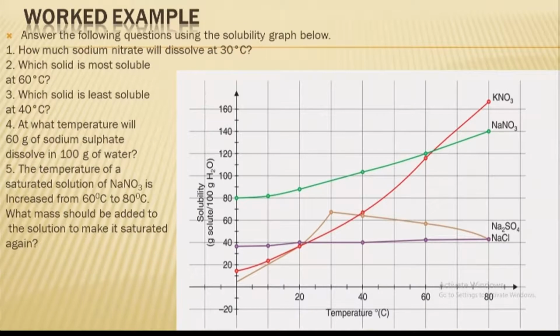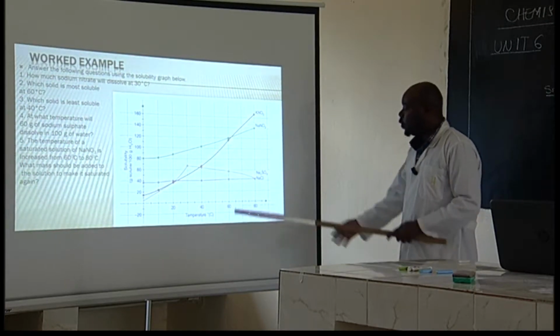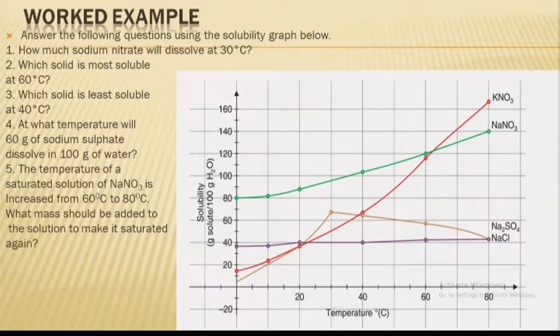Let us go to the next question. Which solid is most soluble at 60 degrees? What do we have to do here? We consider the temperature. At 60 degrees, we are here. And then you consider the curve which has the highest value of Y, because we have the same value of X, temperature.